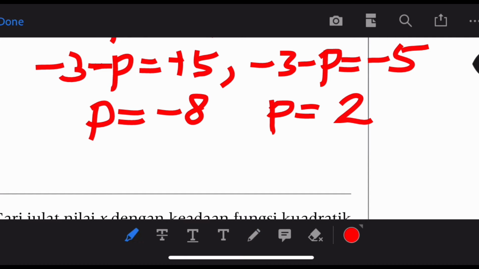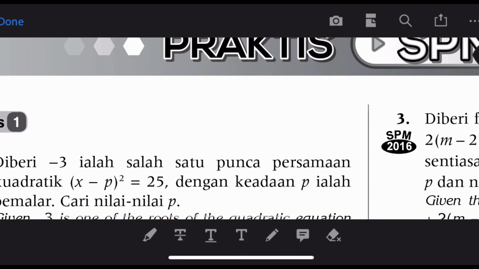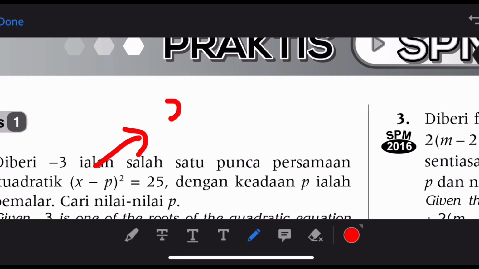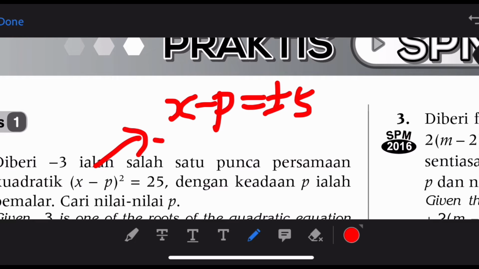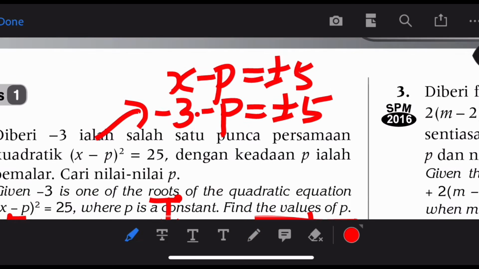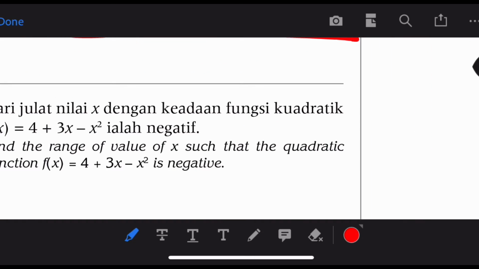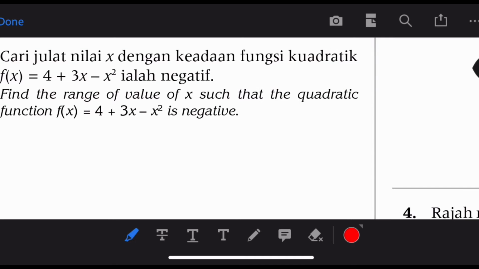Up to you, some people will just solve it like this, maybe you can just solve it and find the roots. Because the x is negative 3, you substitute the x as the root. So the concept is when it is a root, you can substitute it into the equation, alright? So we have solved number 1 for quadratic equation.